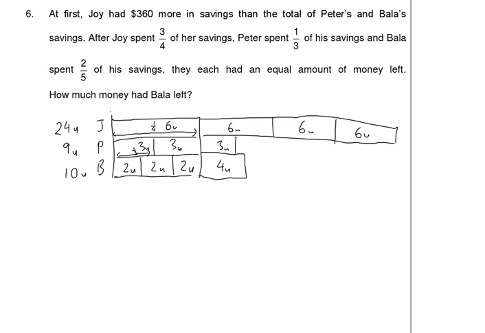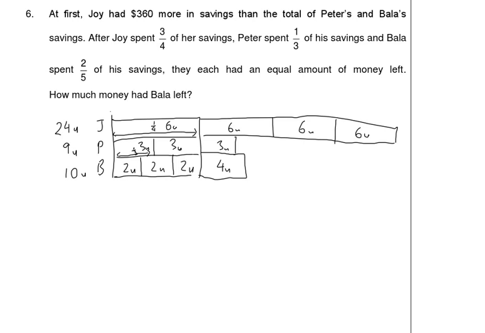Okay, Joy had $360 more in savings than the total of Peter's and Bala's savings. Now, how many units of savings does Peter and Bala have all together? 19 units, right? 10 plus 9, 19 units. And how many units of savings does Joy have, Lauren? 24 units, right?